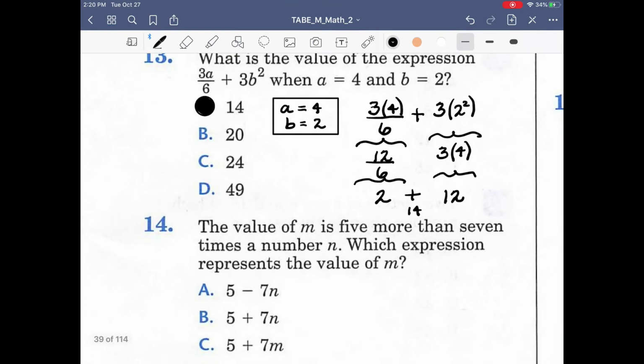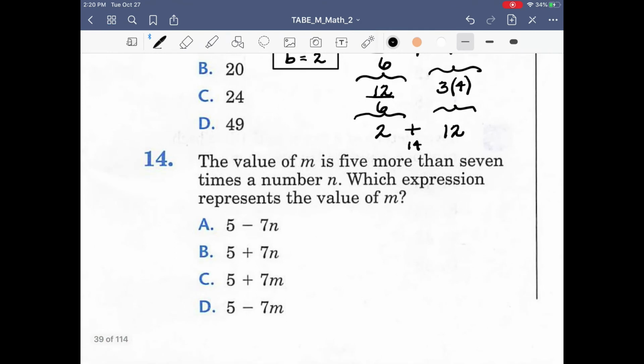Number 14. The value of m is 5 more than 7 times a number n. Which expression represents the value of m? So it says that m is 5 more than 7 times the number n.